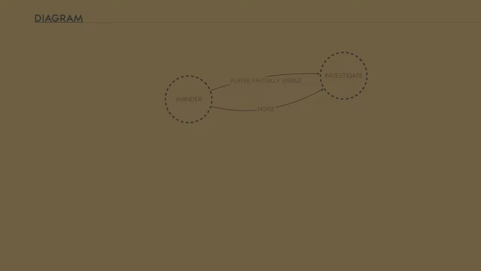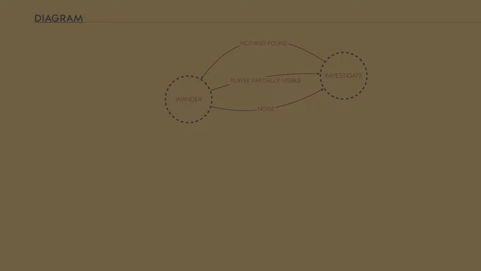If you found nothing, why would you need to investigate for 20 hours? So we're going to go back to wandering in a certain time period. That can be determined in the code, but we're just doing this as a high-level overview. So we found nothing, we go back to wander.